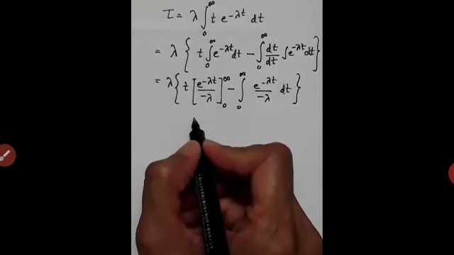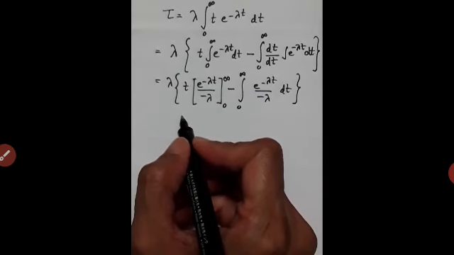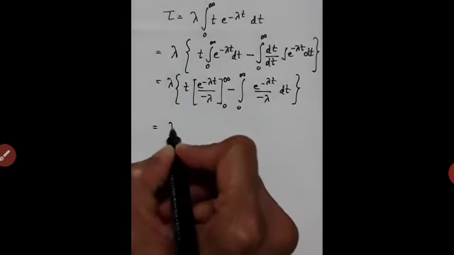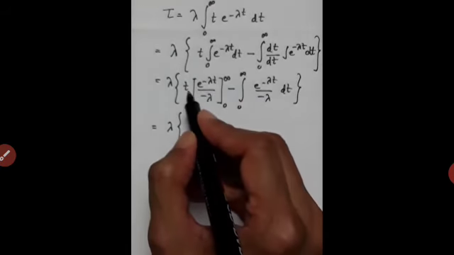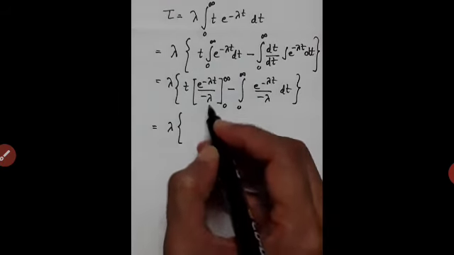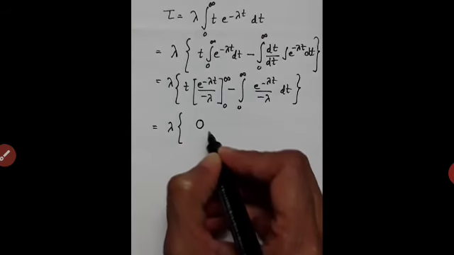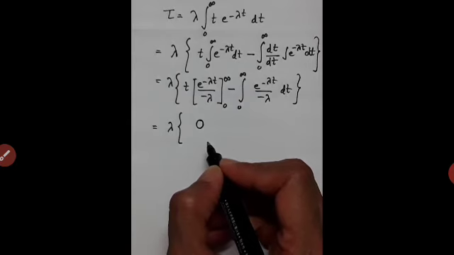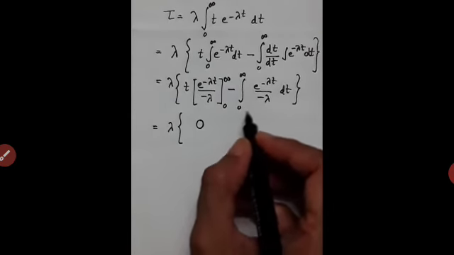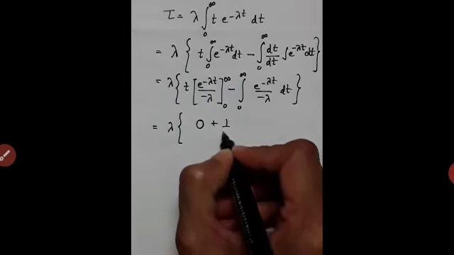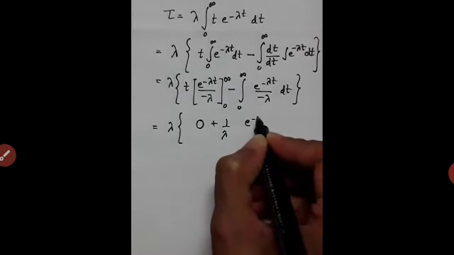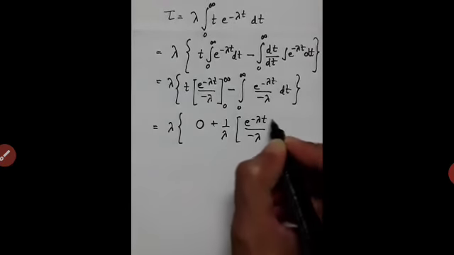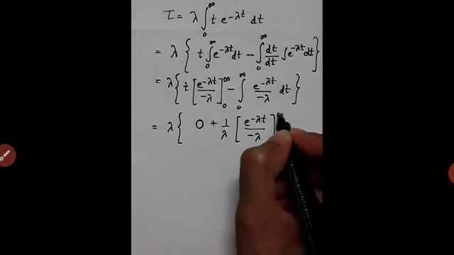Now, when we integrate here, we see that the first term becomes 0, because when we substitute t as infinity and 0, the first term totally becomes 0. The second term is plus 1 upon lambda. Integration is e raised to power minus lambda t upon minus lambda between the limits 0 to infinity.